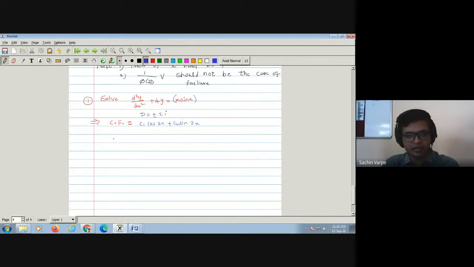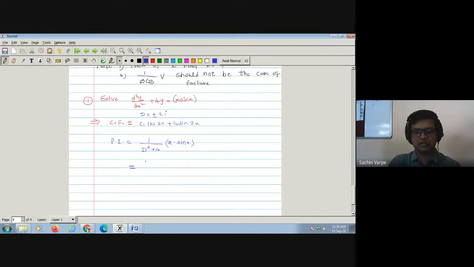Okay, now particular integral P.I. equals 1 upon phi of D. What is phi of D? D square plus 4 into f of x, that is x into sin x. That is of the form x into v. So what we do? We use the formula.